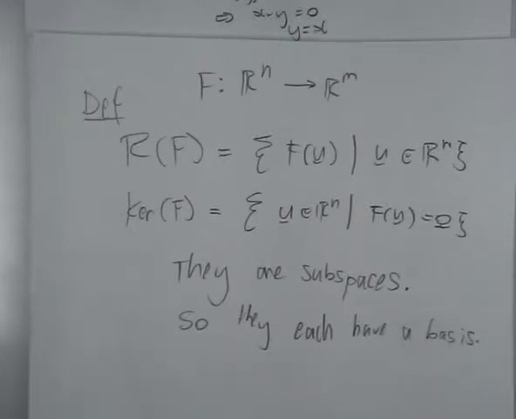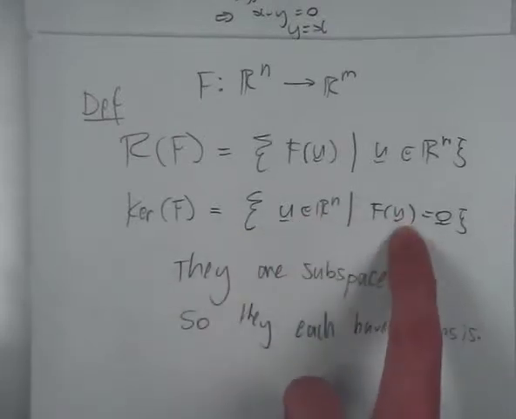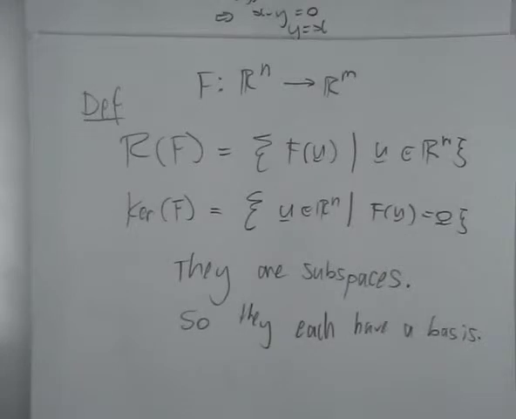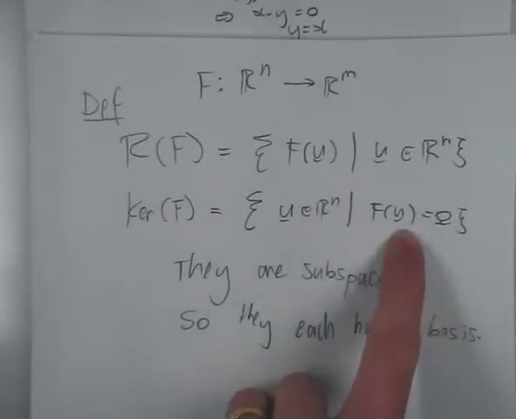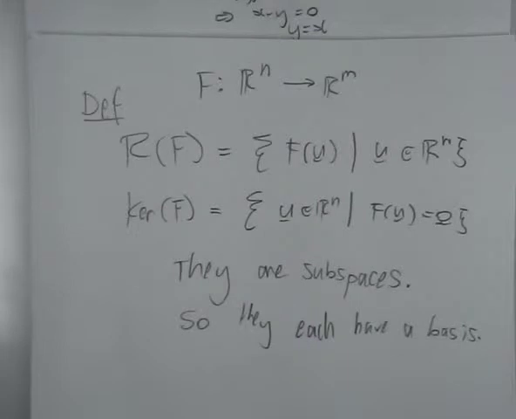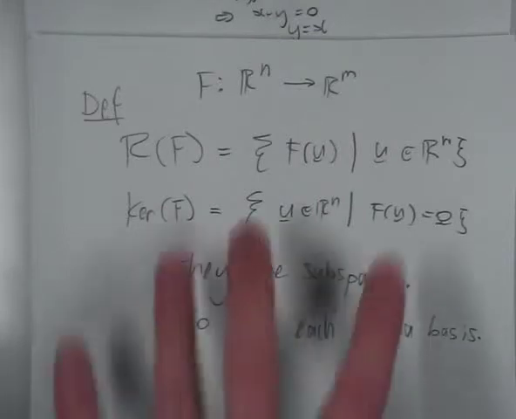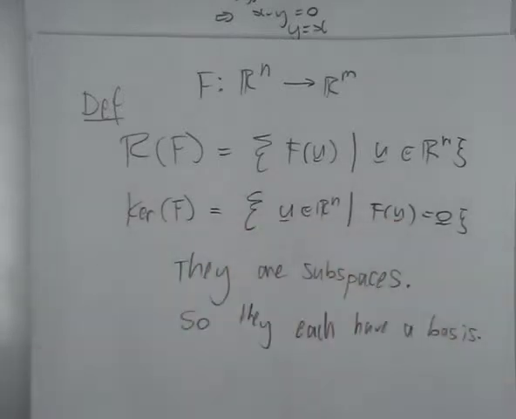Okay, and you can find the basis for the kernel by simply solving this equation. So I say simply, but that's what you need to do. Finding a basis for the range is a little harder. As is, ranges are always harder. The kernel is part of the domain. Domains are always easier than ranges, and that's still the truth now.